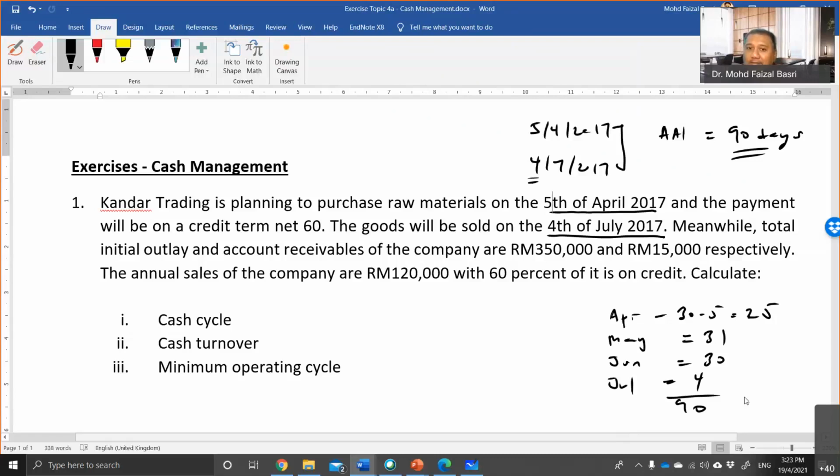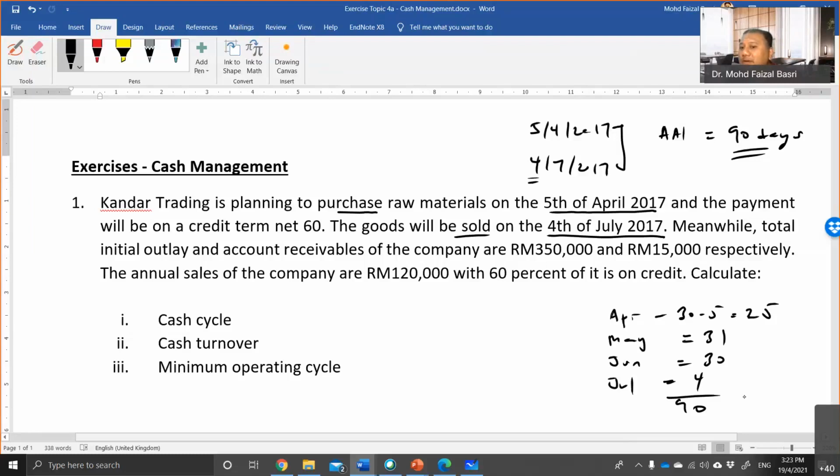But again, you need to read the information about the dates. I recap a little: the definition of EAI is from the day you purchase raw material until the day you sell your goods. In this question, they give you just two dates, so what you need to do is find the difference of days between the two dates.